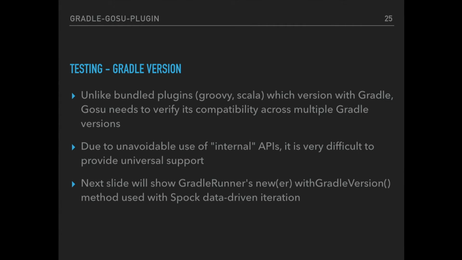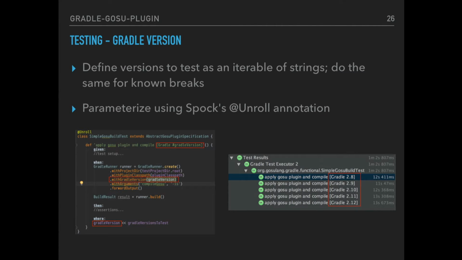So, sorry, another eye chart again, but based on the Unroll annotation, which Spock provides, and setting the withGradleVersion property on your test class, you can iterate over a list. So I defined every Gradle version from 2.3 all the way up through 2.12, and for every functional test I write, I execute it 7 or 8 times, or with whatever range of Gradle versions that is.